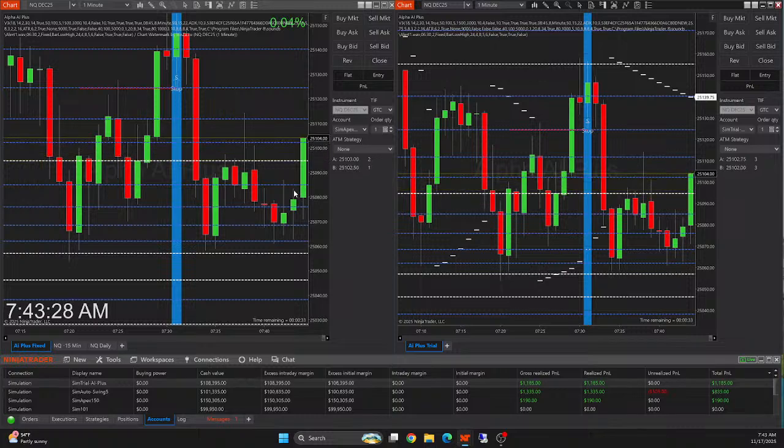Okay, so pushing up now. For me personally, I like the trailing because I like to be in control.